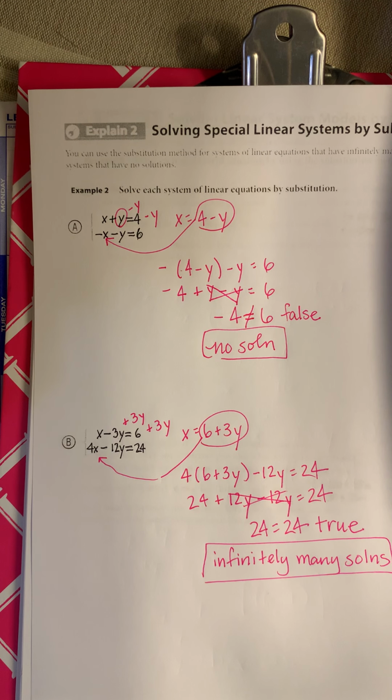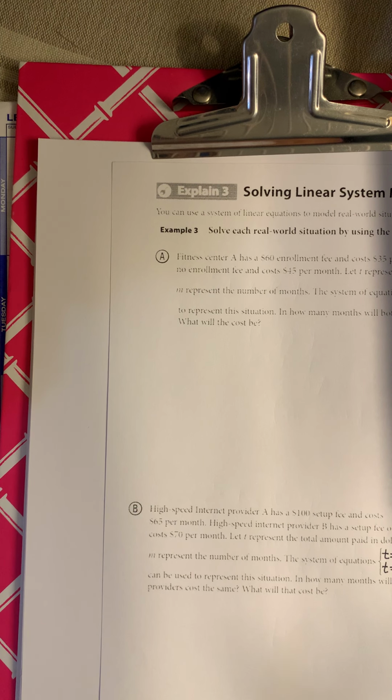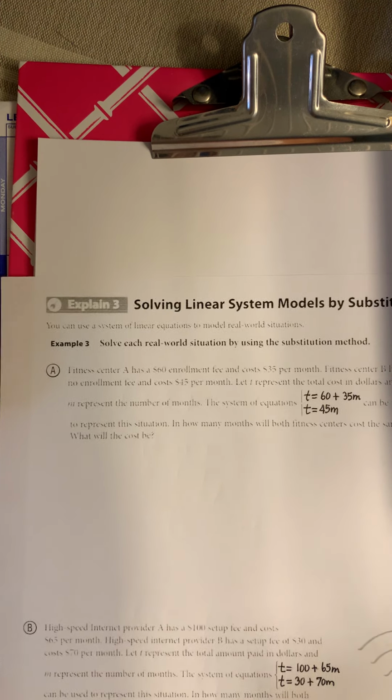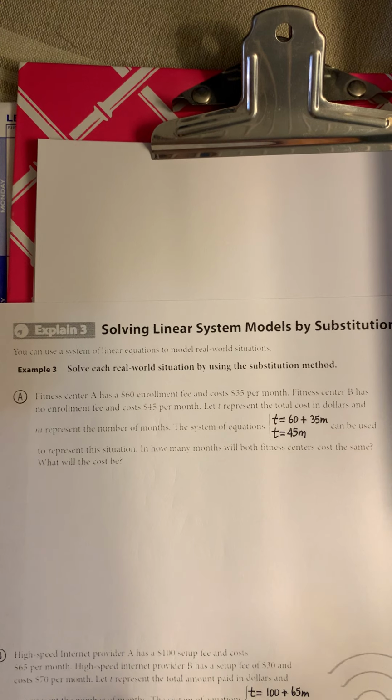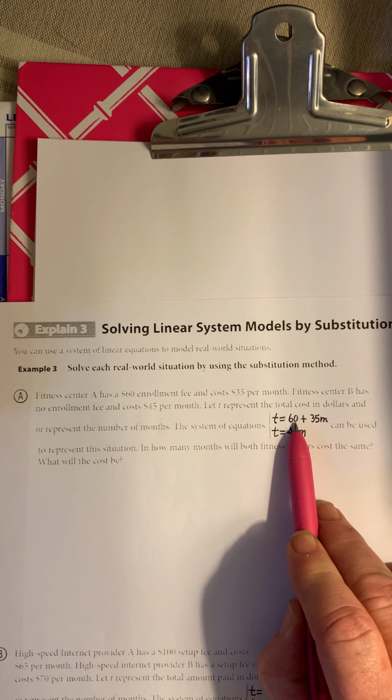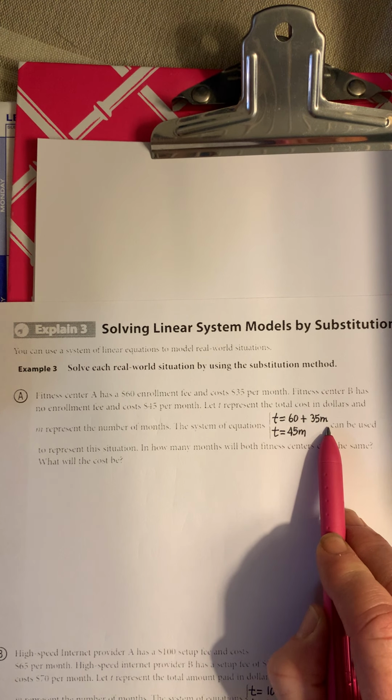Okay, so those are the two unusual cases that can happen. All right, and then on the last page, we have some story problems. And you're going to see one of these in your homework assignment as well. Okay, the first one is about a fitness center. Fitness Center A charges a $60 enrollment fee plus $35 a month.